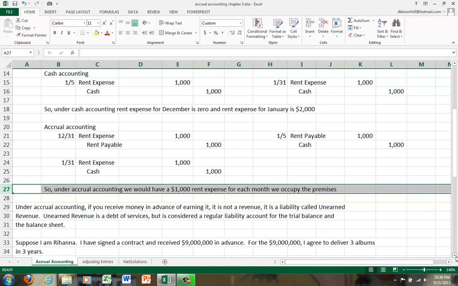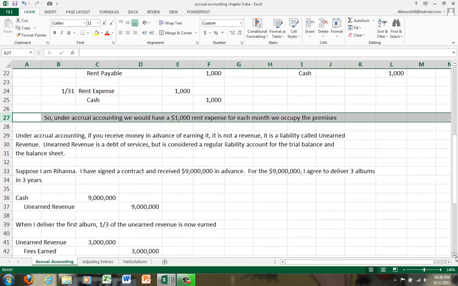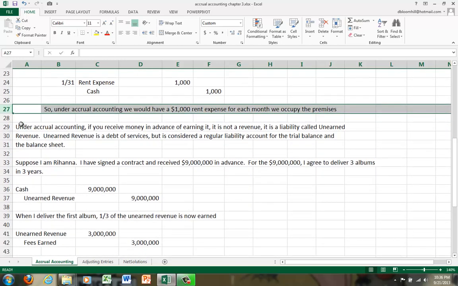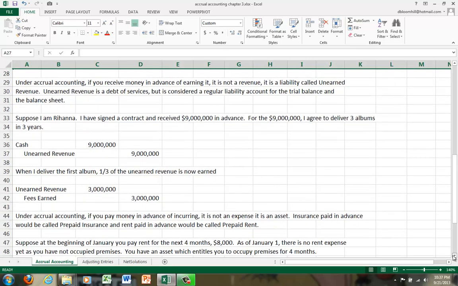Okay, I hope you understand accrual-based accounting a little bit. Now let's talk about unearned revenues and prepaid expenses. So first let's talk about unearned revenues. Okay, under accrual accounting, if you receive money before you earn it, it is not a revenue, it is a liability called unearned revenue.